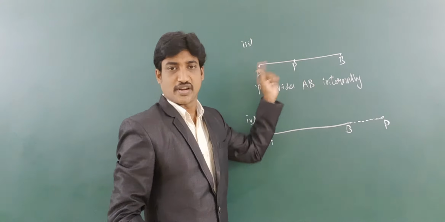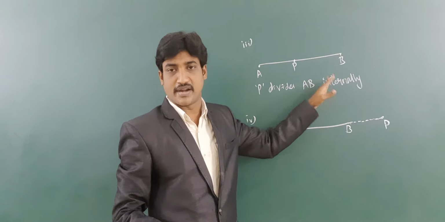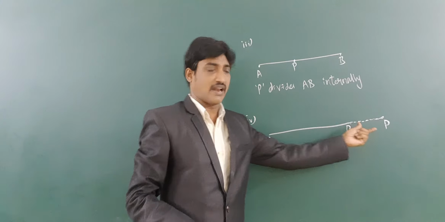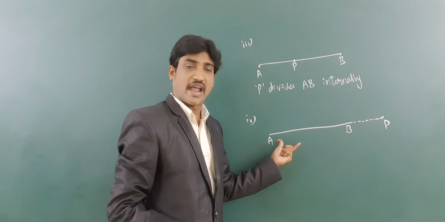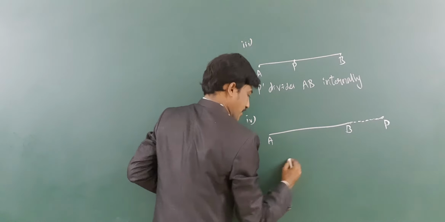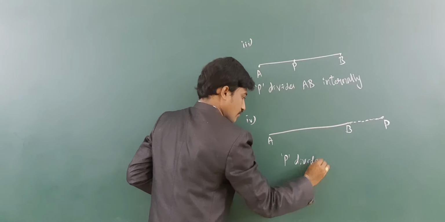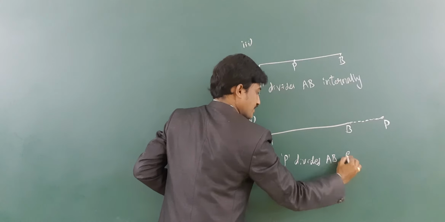If P lies on AB, then we say P divides AB internally. If P lies on AB produced, then we say P divides AB externally.